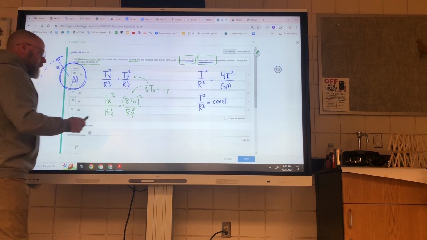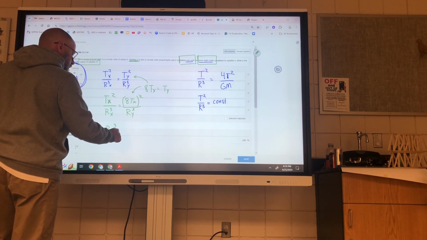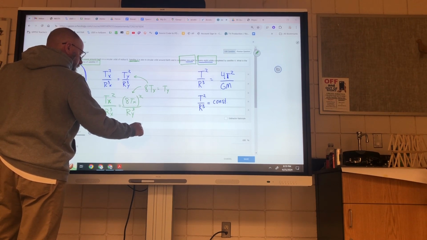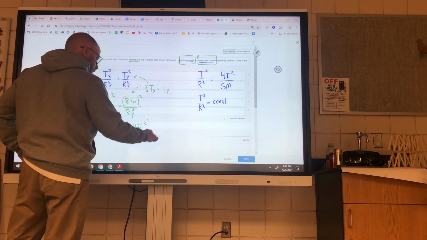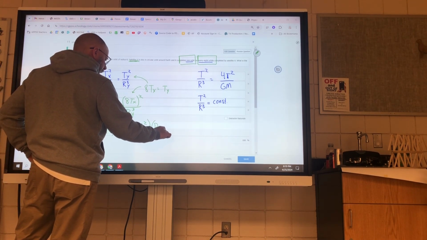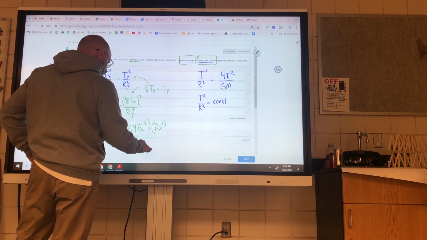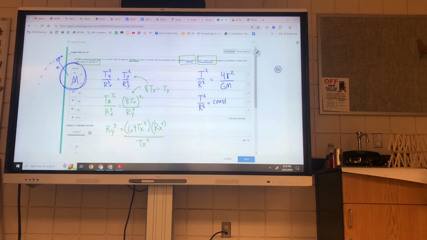So if I do this, I end up with ry cubed is equal to, what's 8 squared? 64 tx squared times rx cubed all over tx squared. Is that okay?